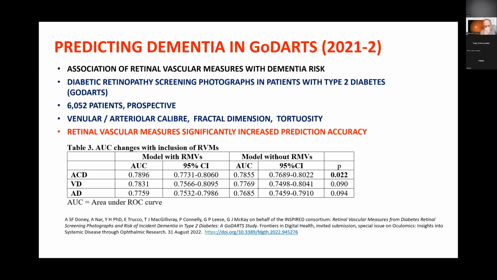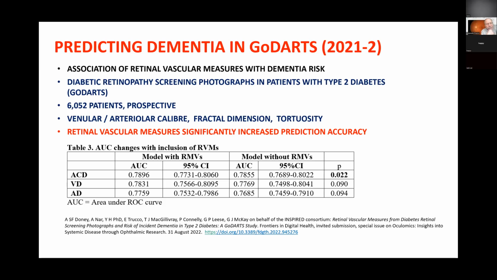And here are some results. Again, I will not take you through the figures, but the interesting point here is that we have results at the moment with about 6,000 patients in a prospective study that indicate that retinal vascular measures can actually increase the prediction accuracy of risk, in this case, of dementia.